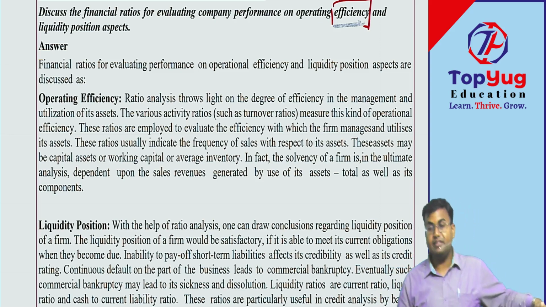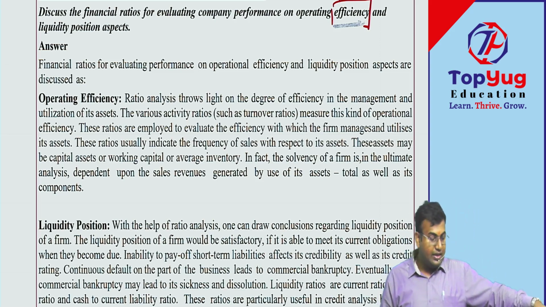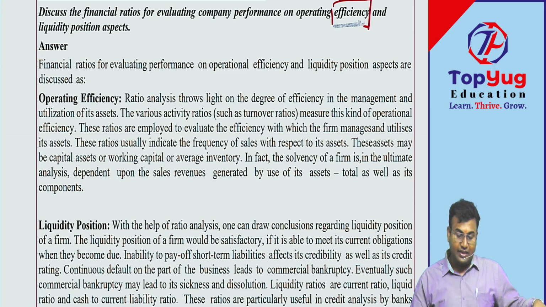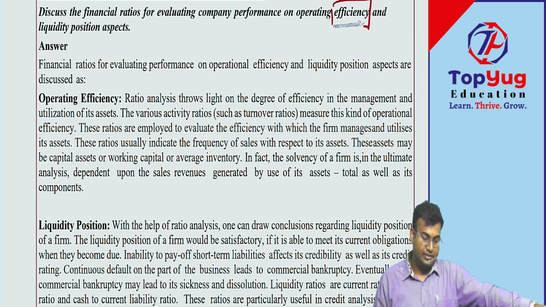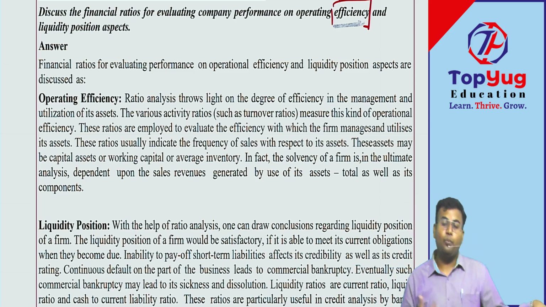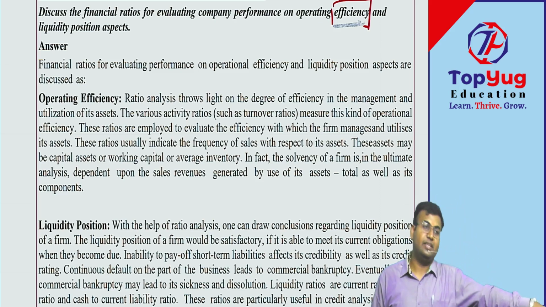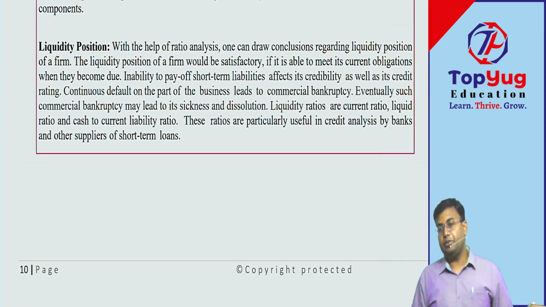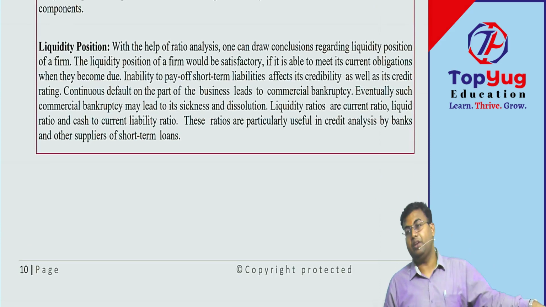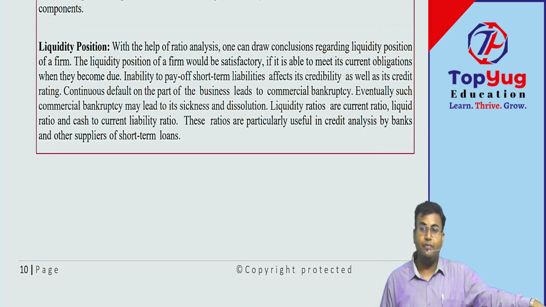In fact, the solvency of a firm is ultimately dependent upon the sales revenue generated by the use of its assets as well as its components. Okay? So that is what he says, how better you are able to use optimum utilization of your assets, basically he terms as operational efficiency. Liquidity position, we know, is how better we are able to meet our short term and long term liabilities of cash.